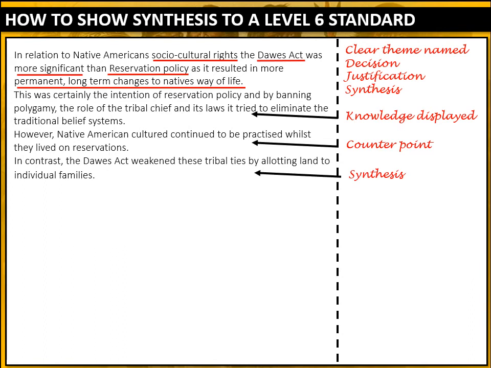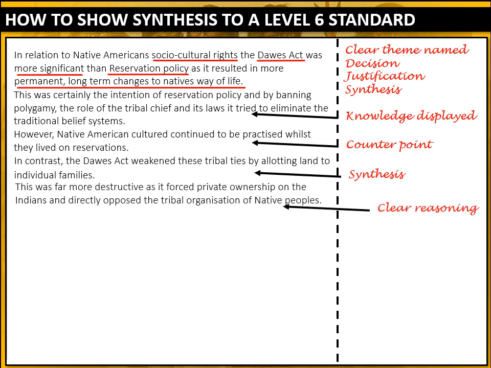So here I'm now showing synthesis because I don't just keep going on about reservations. I stop myself and say, in contrast, the Dawes Act weakened these tribal ties by allotting lands to individual families. So I'm saying reservations didn't go far enough, and now I'm popping in, but the Dawes Act did. So I've synthesized in the first sentence, and now I've synthesized again.